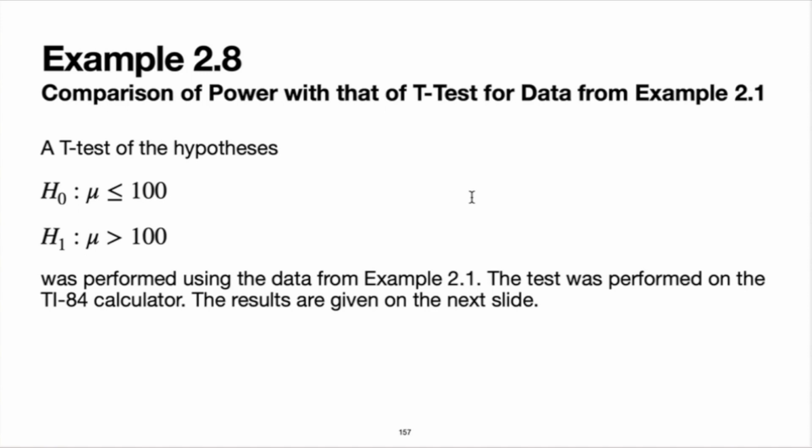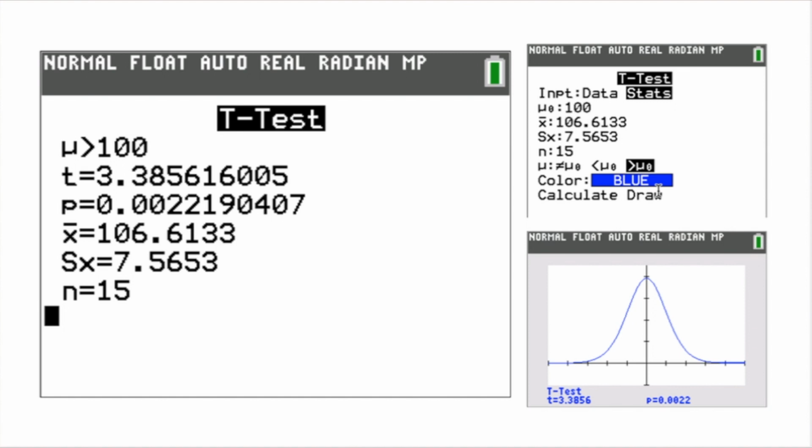Using that data, the t-test was performed using a TI calculator, and the results are given on this next slide. We look up here in the top right panel. This is the wizard that the TI-84 calculator presents to allow you to input information about the data. I had the summary statistics for the data, and so I input those values. You see the mean here, the sample standard deviation, the sample size.